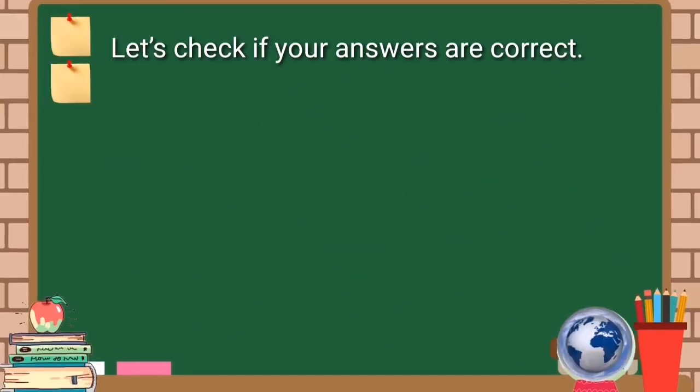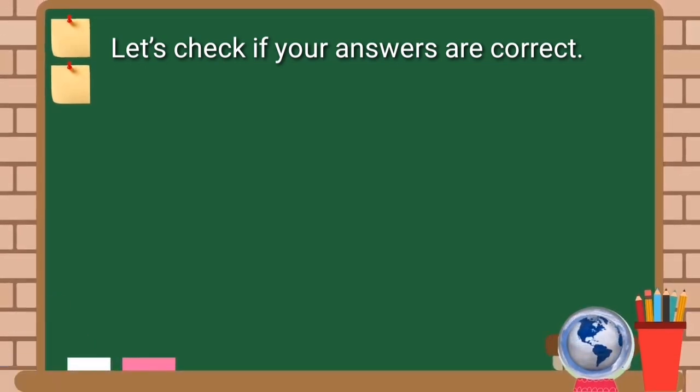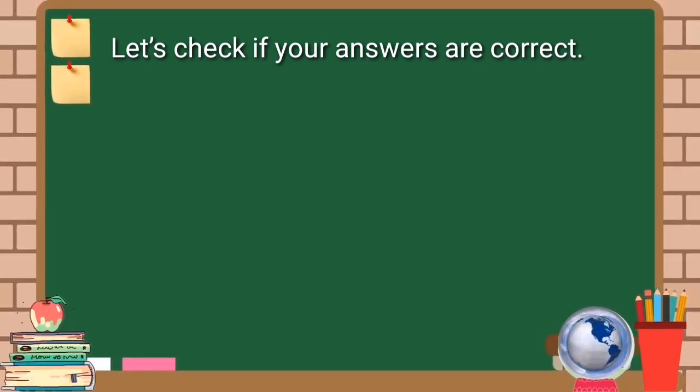Okay, let's check your answers. For question number 1, list all the possible codes out of the given digits.